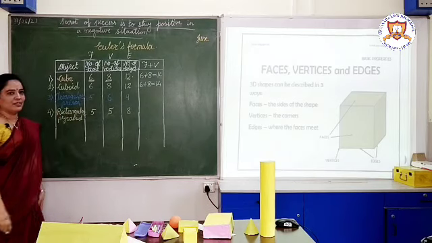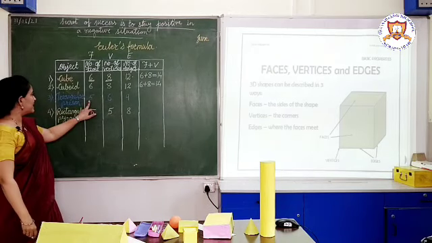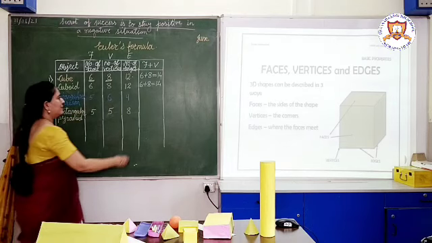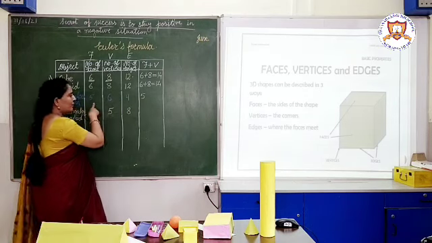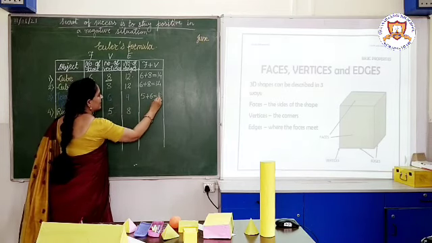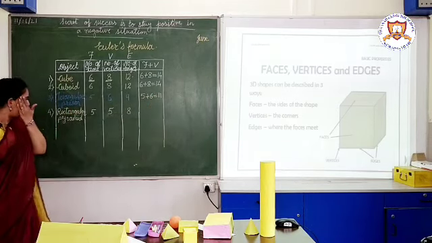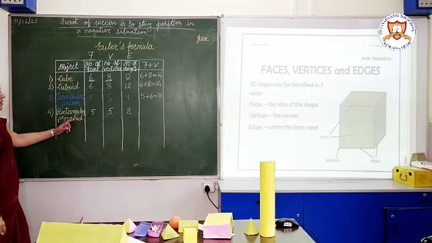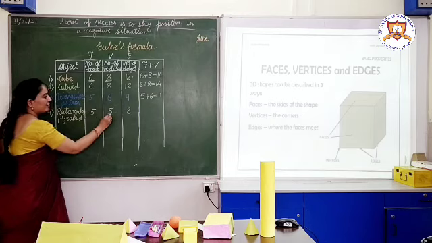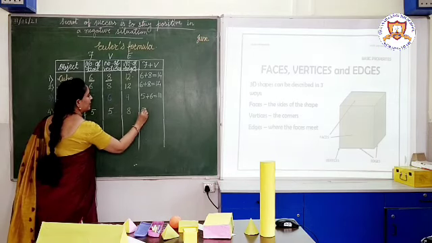Now take this, 5 plus 6 for the triangular prism, because there are 5 faces and 6 vertices. So it will come 11. And now take the rectangular pyramid. 5 plus 5, how many? 10.